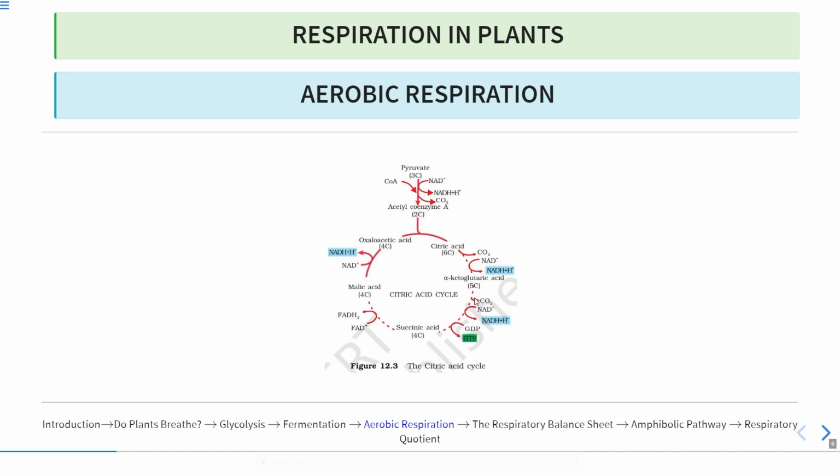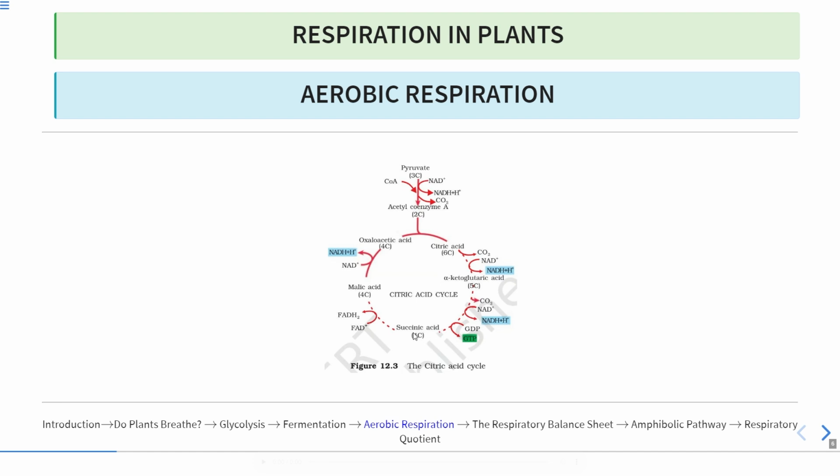Carbon dioxide is released, so the 5-carbon compound is converted to a 4-carbon compound, and there is a formation of GTP. GTP is equivalent to ATP, so this is the only ATP synthesized in the citric acid cycle. Only in one step is this GTP formed. You have to keep this in mind.